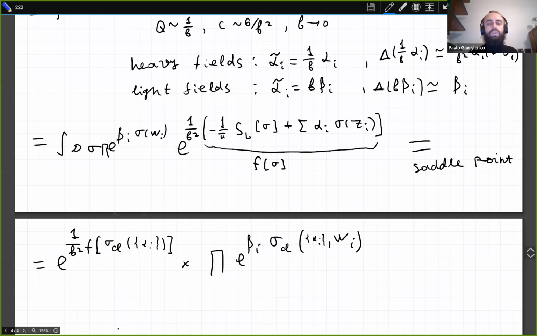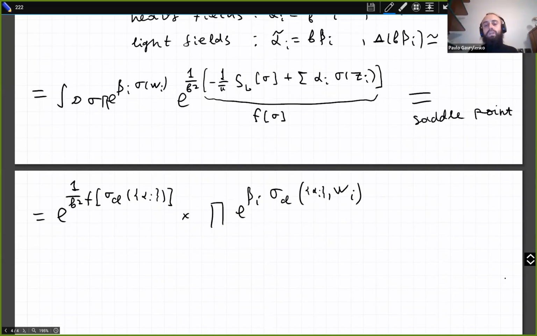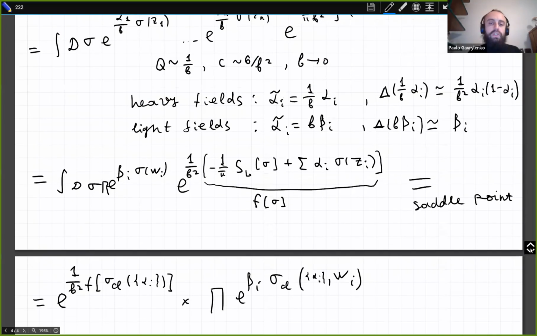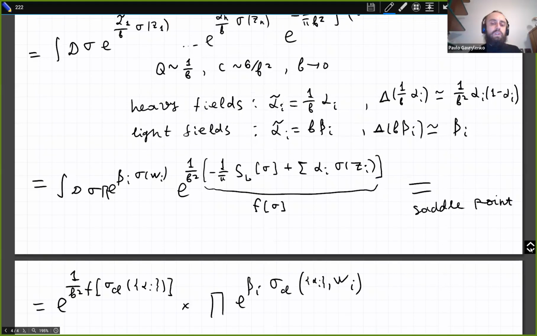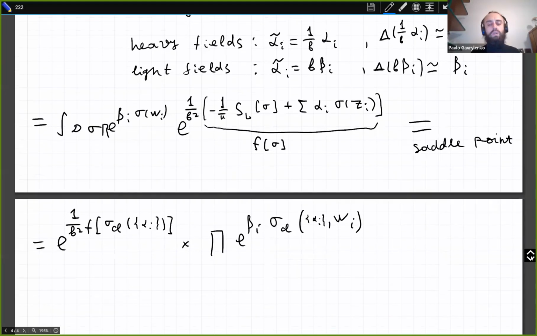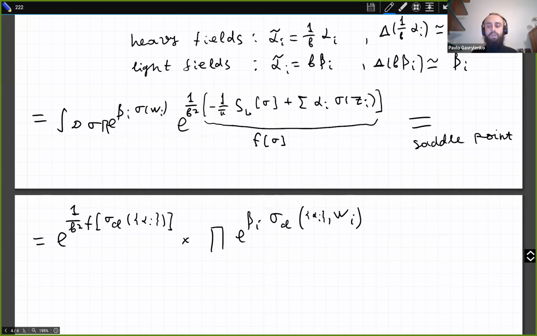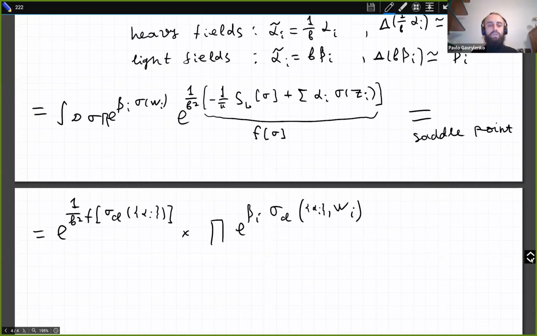And light fields are just probes which take the value of this classical solution at some point and it is the answer. So, for example, we see that in the leading order, the correlator does not have singularities when WIs collide in between itself.